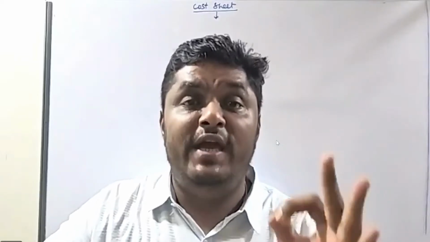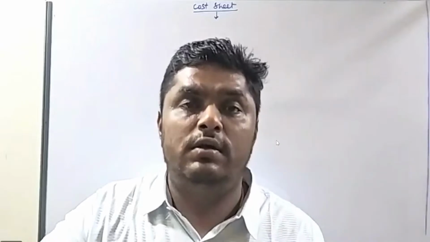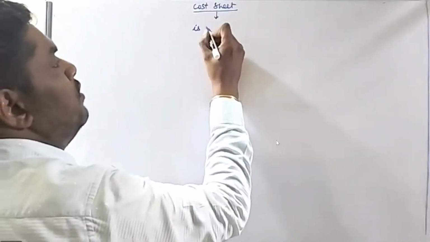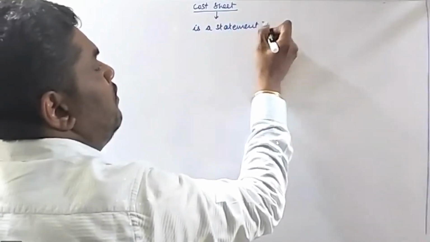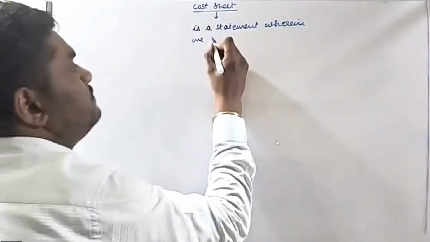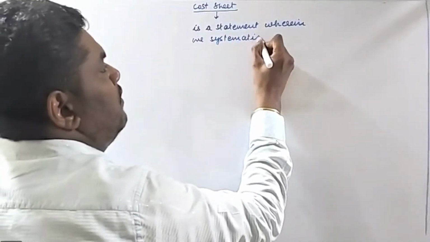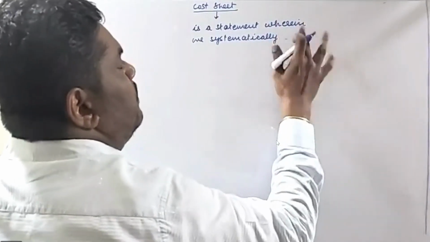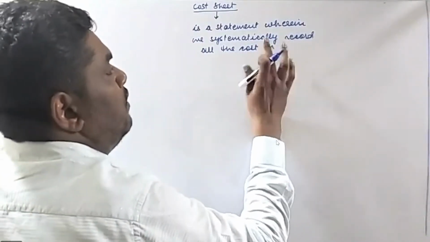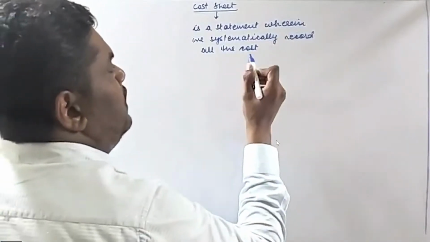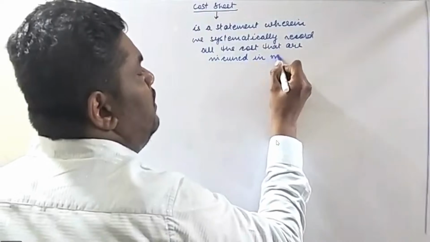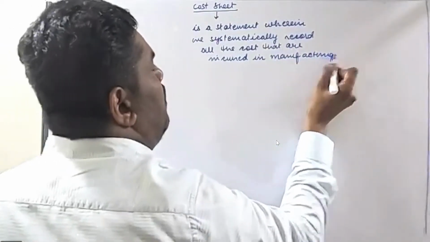Cost sheet is a statement wherein we systematically record all the costs that are incurred in manufacturing a product.